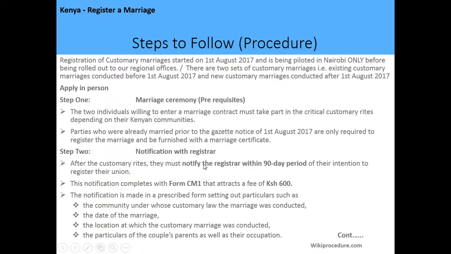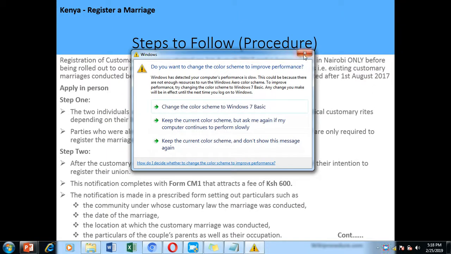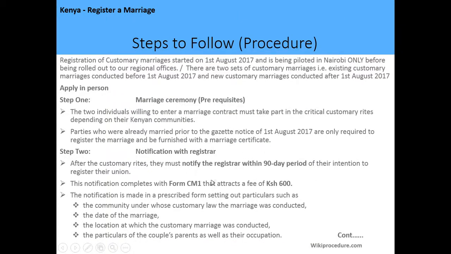Step 2 is to notify the registrar. So after the customary rites, they must notify the registrar within a 90-day period of the intention to register their union. The notification completes Form CM1, which attracts a fee of 600, and this form is provided at the Registrar of Marriages Office.